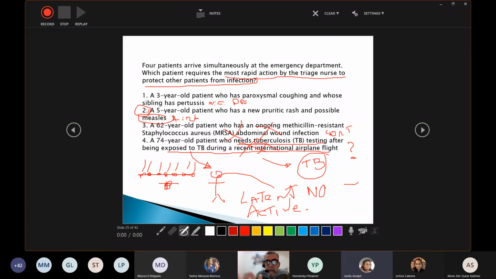The epiglottitis is produced by Haemophilus influenzae B, which is a bacteria. It's not a virus, it's a bacteria.